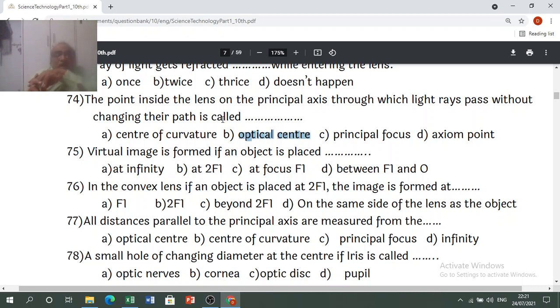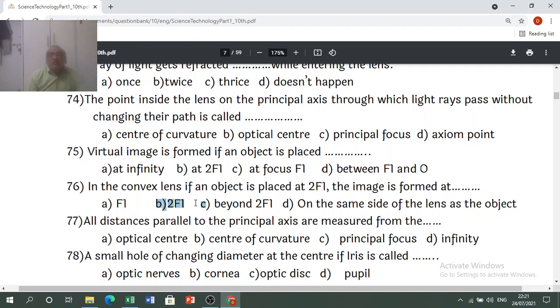A virtual image is formed when the object is placed between F1 and O. Option is D. For a convex lens, if an object is placed at 2F1, then the image is formed at 2F2, on the opposite side of the lens.